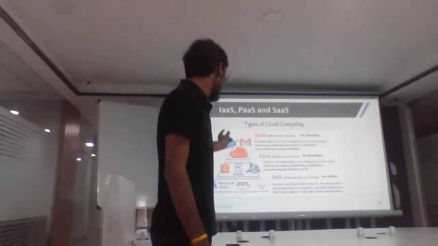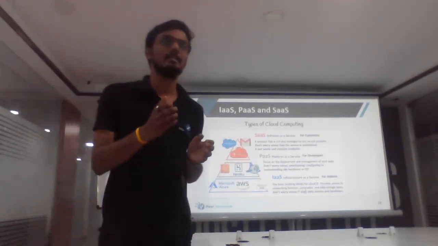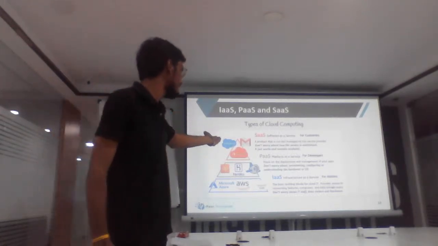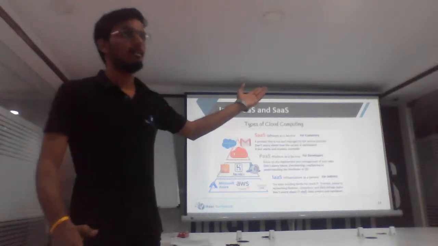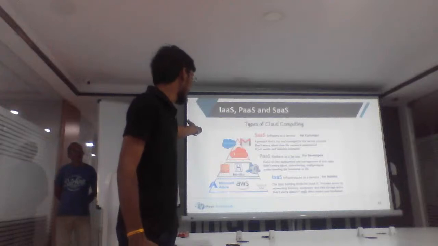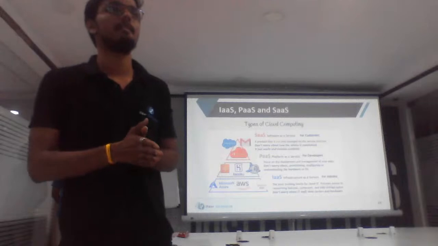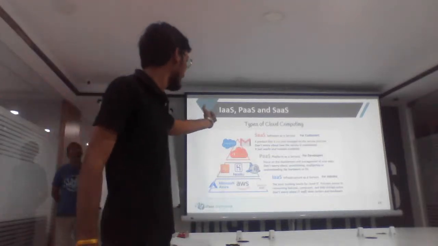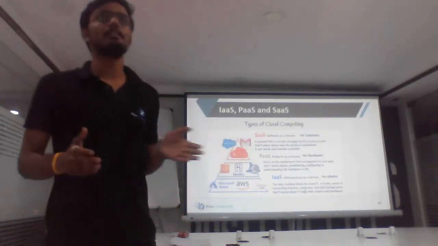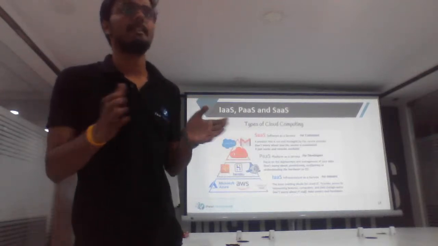Next is platform as a service, where we have to develop the service according to our requirements, through coding and so on. Platforms like Heroku and Jenkins are examples where we have deployed our projects. And last is infrastructure as a service, which provides physical resources like VMs, storage, and networking.